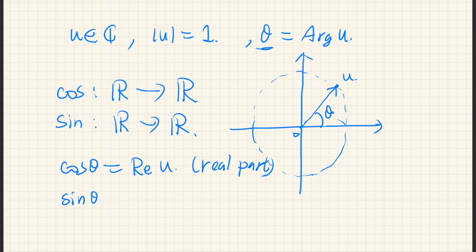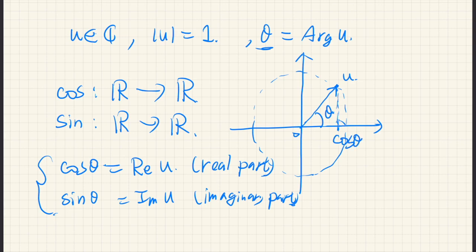And sine theta is the imaginary part of u. That's it. Very easy. So on this plot, it means this x-axis, so real coordinate, corresponds to cosine theta, and this corresponds to sine theta. Okay?